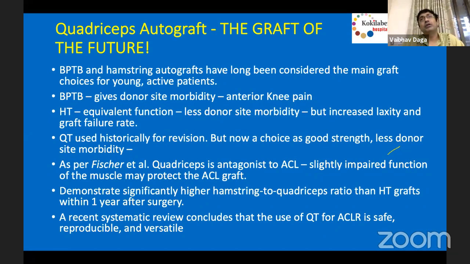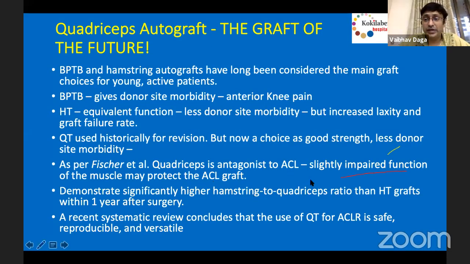Because as you know, what is the function of the ACL? As we know, the function of the ACL is to resist anterior translation of the tibia on the femur. And the quadriceps gives an antagonist action to it. So if there is a slightly impaired function, it will protect the ACL graft. That's what they're claiming.